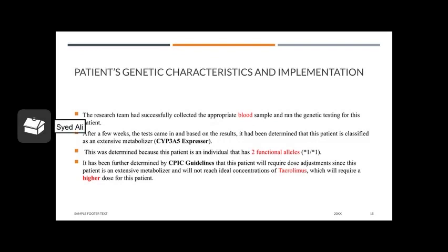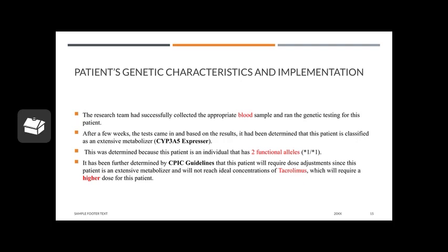Now I will be talking about this patient's genetic characteristics and the implementation. The research team has successfully collected the appropriate blood sample and ran the genetic testing for this patient. After a few weeks, the test came in, and based on the results, it had been determined that this patient is classified as an extensive metabolizer CYP3A5 expressor.